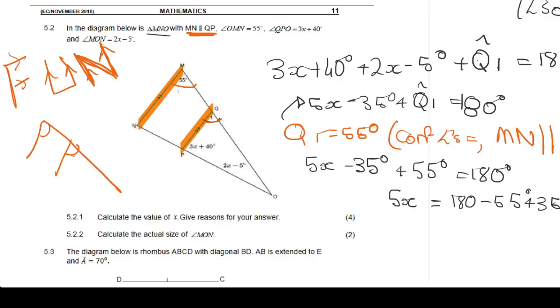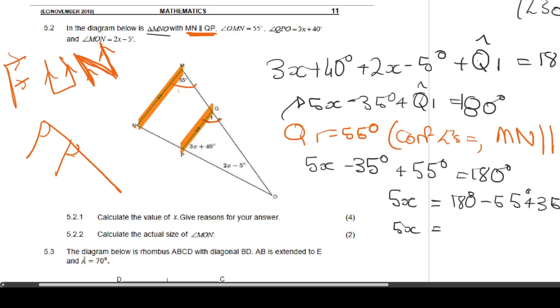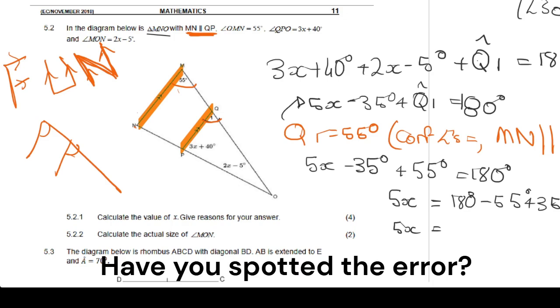Remember, when you bring it to the other side, the sign changes. So let's see. 5x will be equal to, what is 180 minus 55 minus 35? That will be 90.